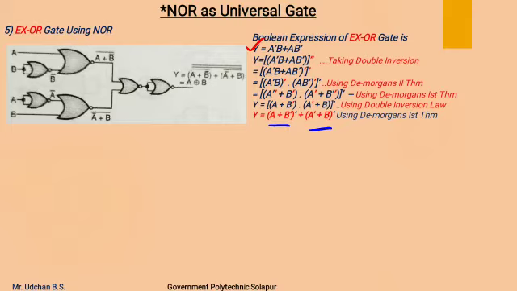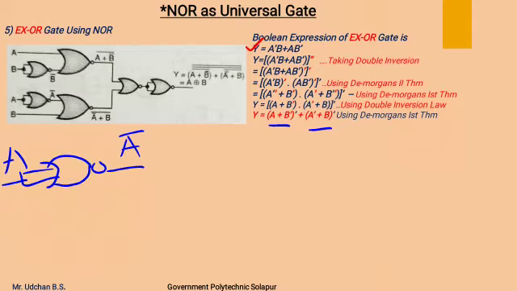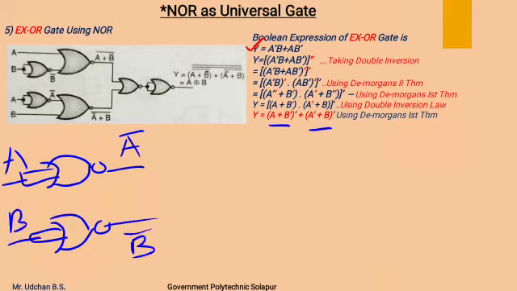So using a NOR as a NOT, I can get A complement of A and B complement of B. Now I am having four variables, A complement, B complement.